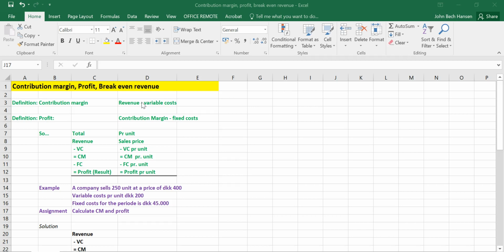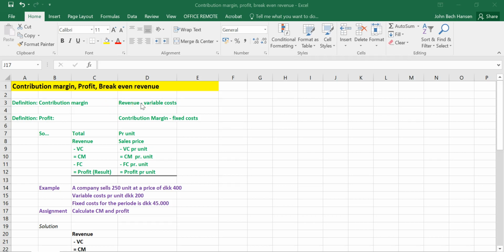Okay, and when we talk about profit, then we go to the bottom line on our profit and loss statement. And here we have also deducted all the fixed costs. We know the difference between the variable costs and fixed costs is that the variable cost will change if the sales change.